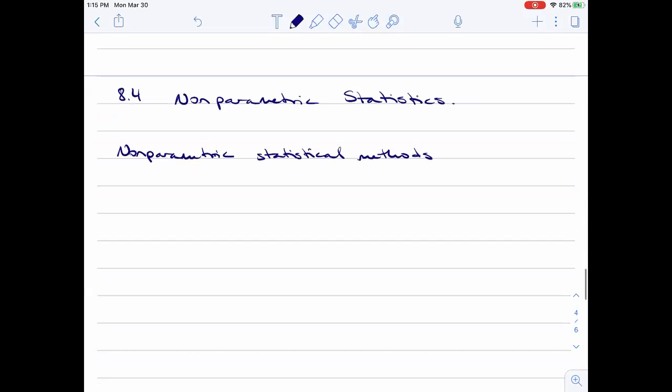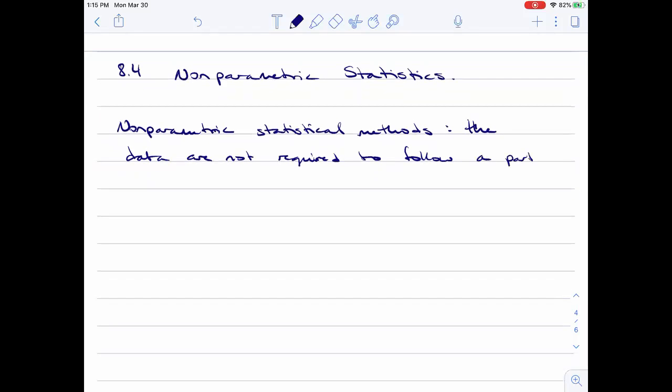And so non-parametric methods are when the data are not required to follow a particular distribution, such as a normal distribution.